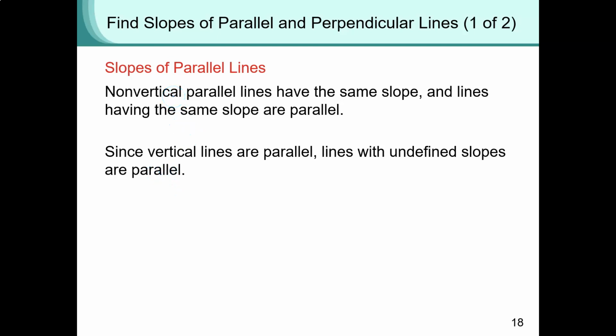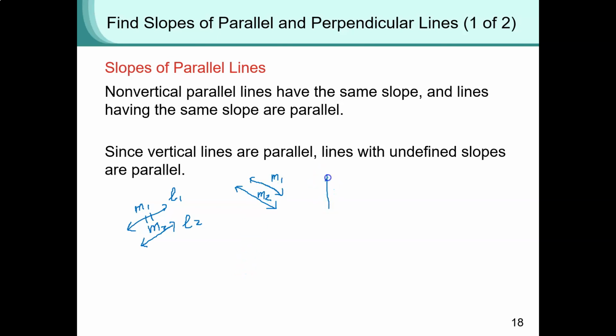In other words, if I have two lines tending in the same direction, L1 and L2, these two lines are parallel, so they have the same slope. Or going in a downward direction, if two lines are parallel, their slopes must be equal.